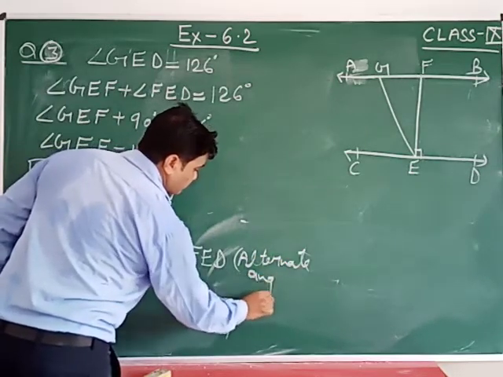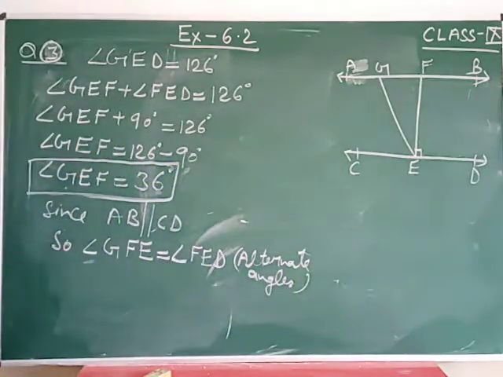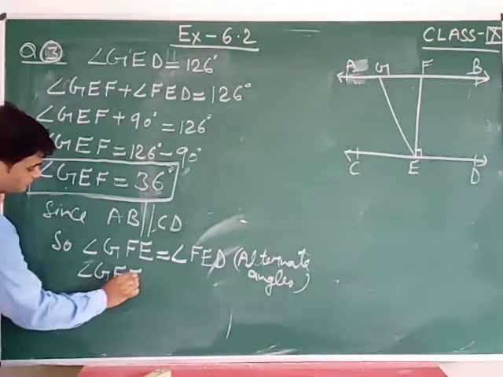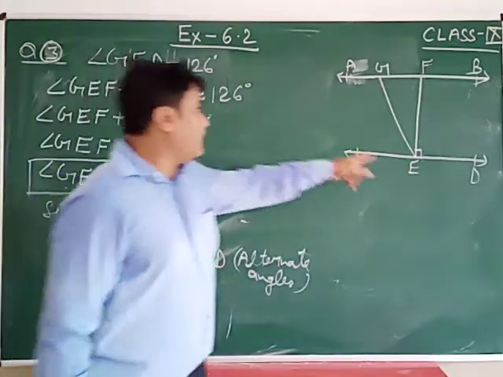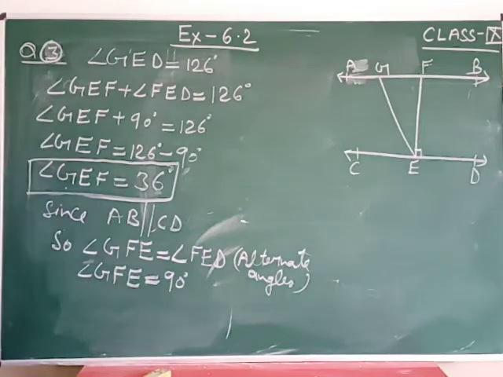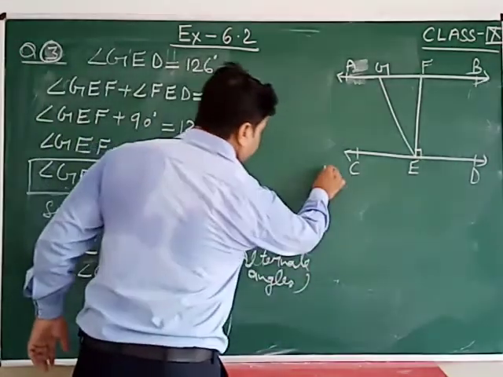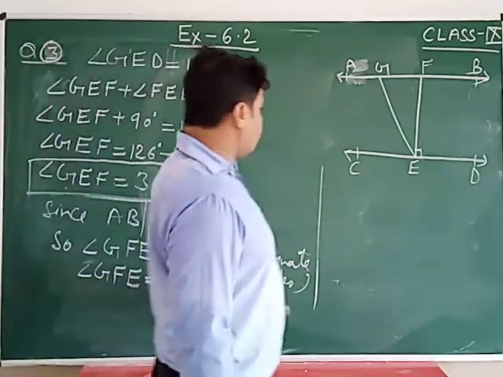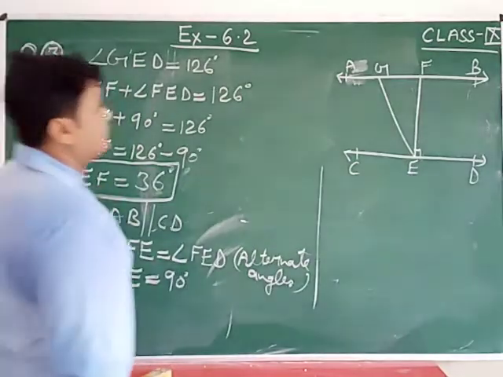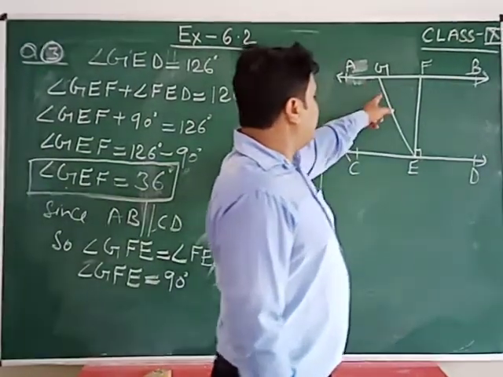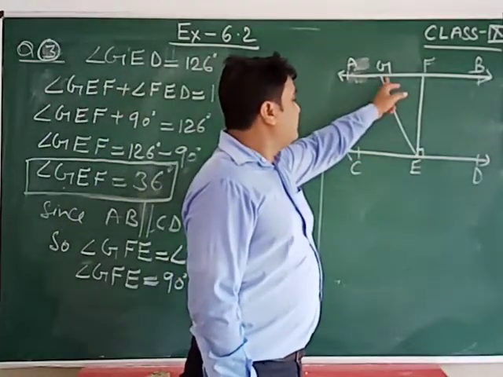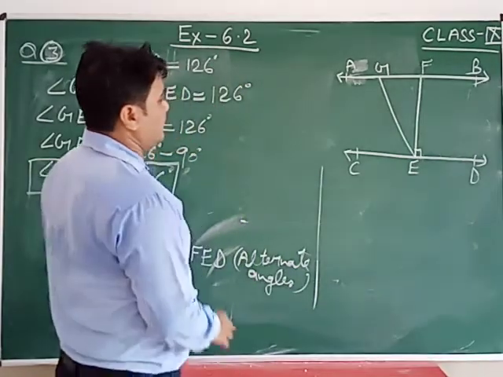Because FED is 90, GFE is 90 degrees. Now GFE is 90 and we have found GEF. We have to find AGE. First you will find this angle.